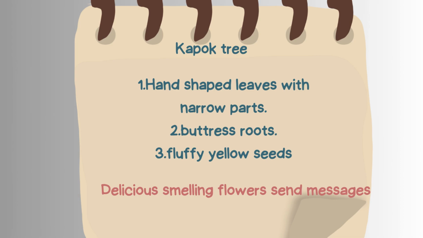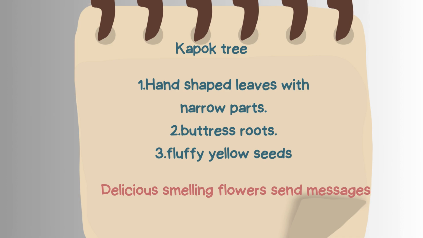So here, what we learned about the Kapok tree, we have some notes. It has hand-shaped leaves with narrow parts. And the roots, we call them buttress roots, and they are planted on the ground, not deeply in the ground.